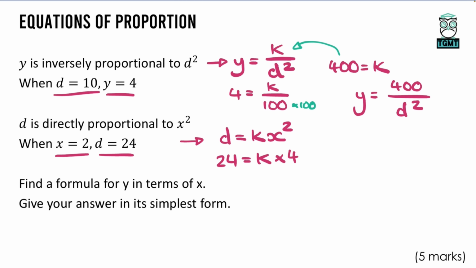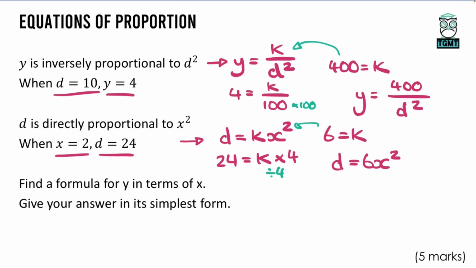Now you can rewrite that if you want to get rid of the times sign. You could write it as 4k, but I would never typically write k4, not necessarily being incorrect, it's just very rarely ever seen written like that. So dividing by 4 to get our value of k here, we get 6 is equal to k. Again, don't stop there, put it straight into your formula. So for my direct proportion formula, I get d equals 6x squared.